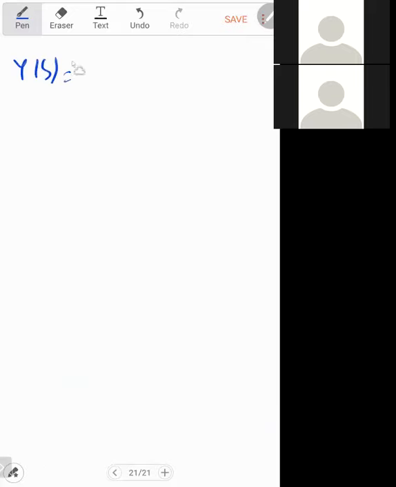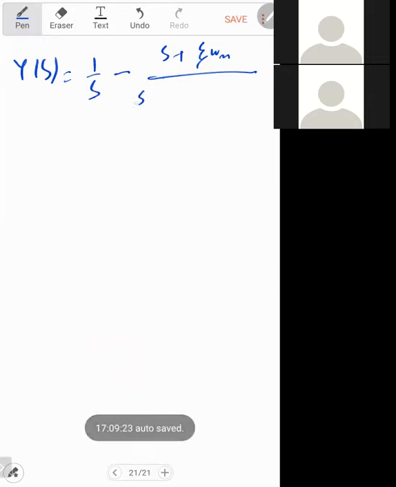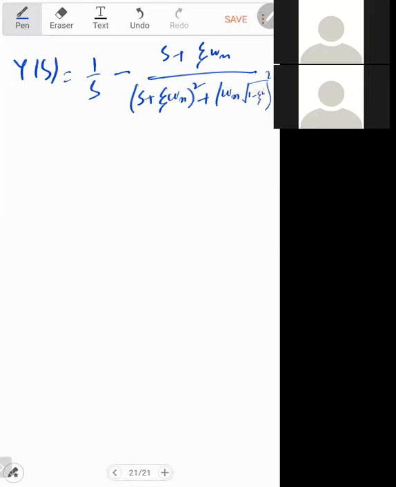Then 1 over y of s will become equal to 1 over s minus s plus zeta omega n divided by s plus zeta omega n square plus omega n, and then we have 1 minus zeta square.